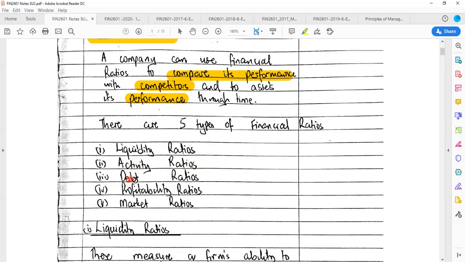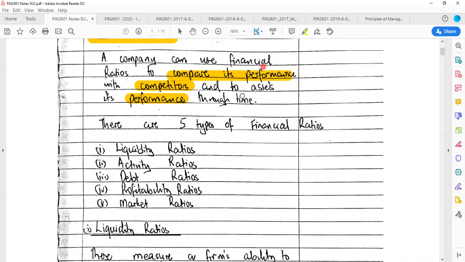And likewise, you should know which ratios fall under debt ratios, which ratios fall under profitability ratios, and which ratios fall under market ratios. So you should know the types of ratios that fall under each of these groups for the exam. I'm going to take you through the different ratios that fall under each group, and I'll be explaining what they mean. So you'll need to also memorize these ratios for the exam.